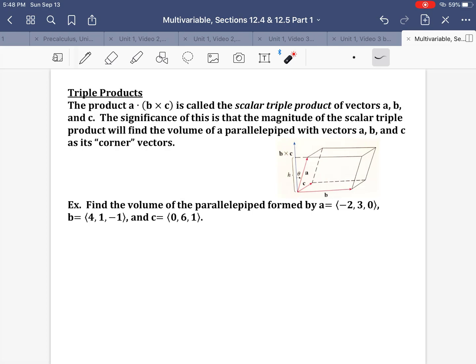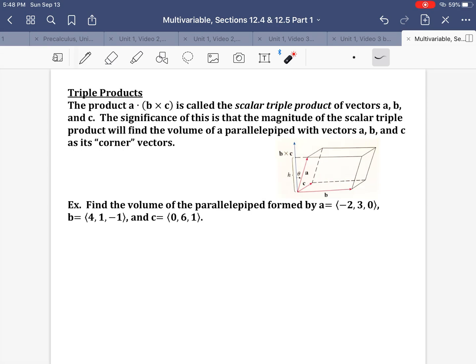It's called a parallelepiped. So say that a couple times fast, a parallelepiped. All right, and if you were to calculate this triple scalar product, it's going to be the volume of the parallelepiped that is formed by those 3 vectors.